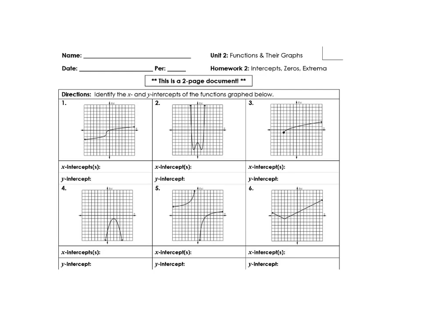For the first one, your x-intercept is at 0, 0, and your y-intercept is also at 0, 0. Our next one, our x-intercepts are going to be at negative 2, 0 and positive 2, 0. And your y-intercept is at 0, negative 4.